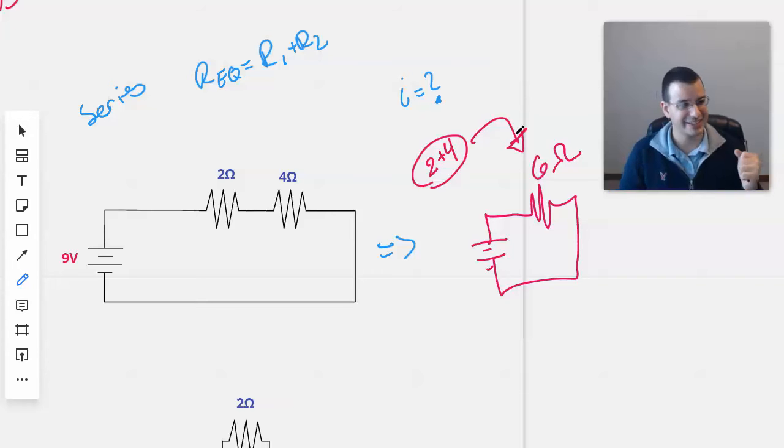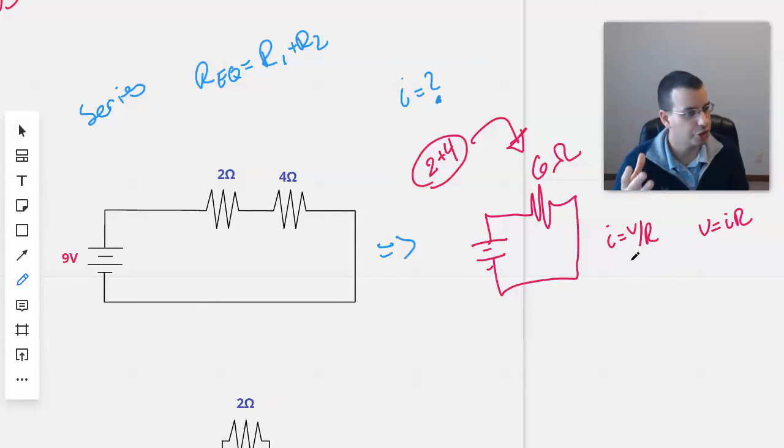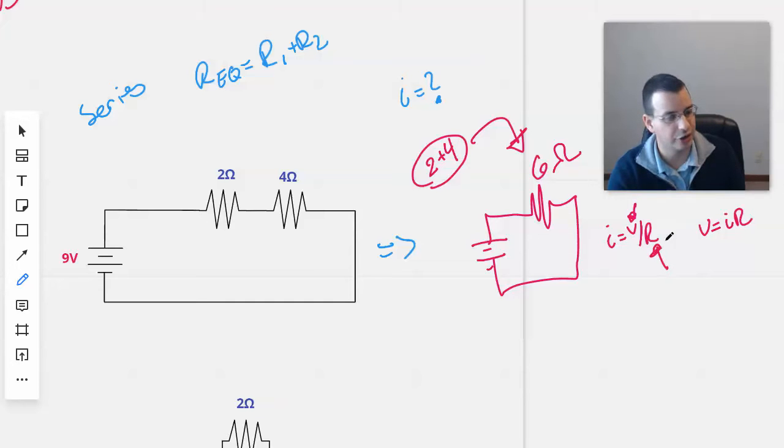So then we have I equals V over R. A lot of times you'll see Ohm's law as V equals IR. True. This one just feels more intuitive to me because you have the current and you have your pressure causing the current and then your resistance to flow. It seems reasonable. Okay. So current then would be 9 over 6, which is 1.5 amps.